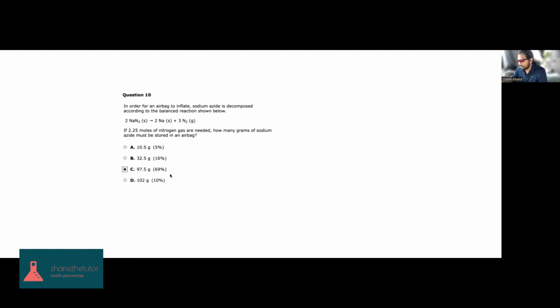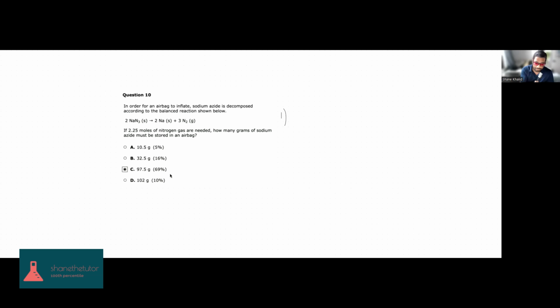So we have a step one where we take what's given, which is the 2.25 moles of the nitrogen gas, and using the balanced reaction, we can see that there's a 3-to-2 ratio of the nitrogen gas to the sodium azide.